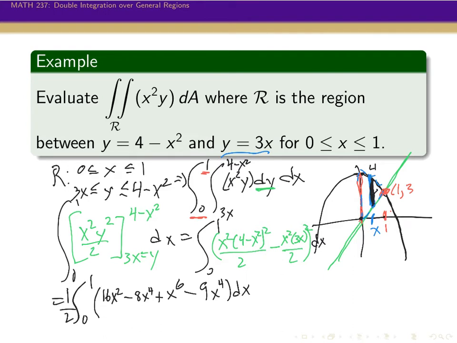And so minus 8x to the 4th minus 9x to the 4th. Let's simplify that down to 17x to the 4th.